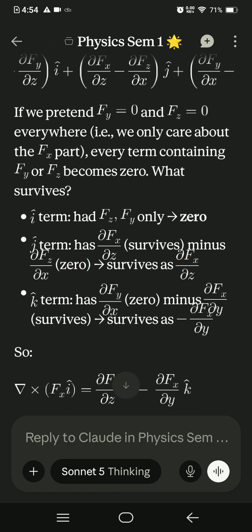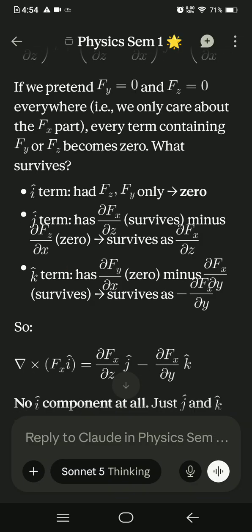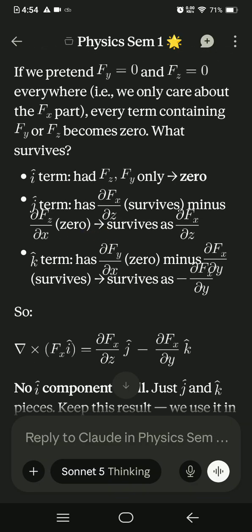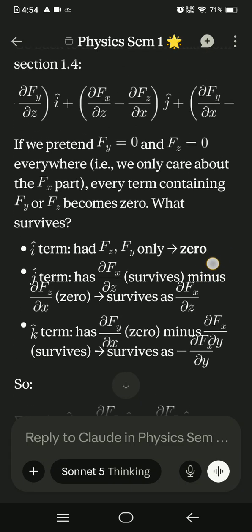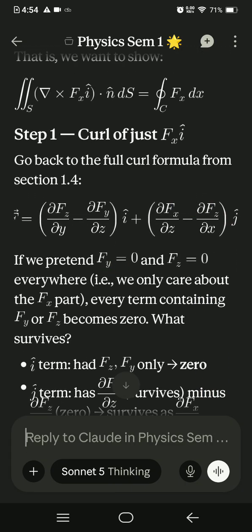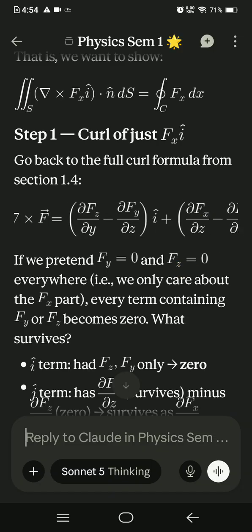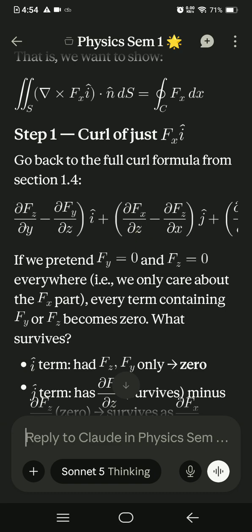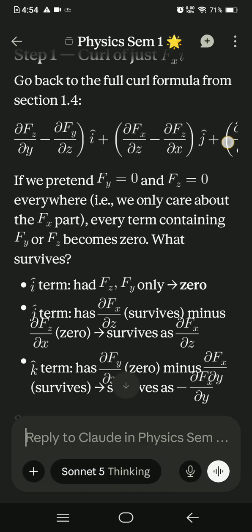survives, minus partial Fz with respect to x is 0, survives as this only y. We pretend Fy is 0 and Fz is 0. Okay, so we only pretend this is 0, not this part. So now this is 0, so this complete thing is 0. Okay, fine.